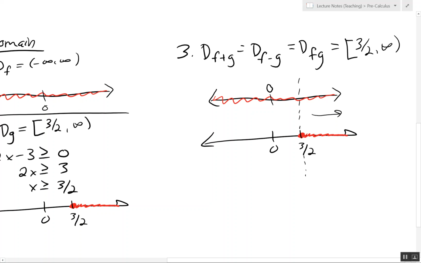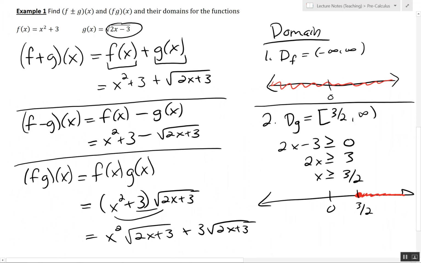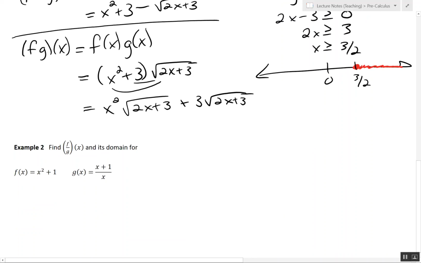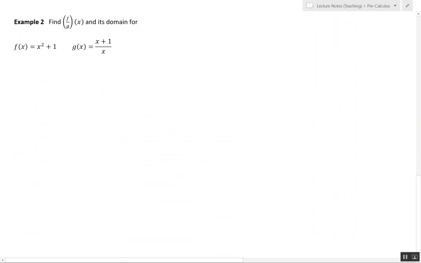So let's do our last example, which is about the quotient, and we do the quotient separately because its domain is found separately. So first thing we want to do is figure out algebraically what f over g is. f over g of x is an abbreviation for f of x all over g of x.